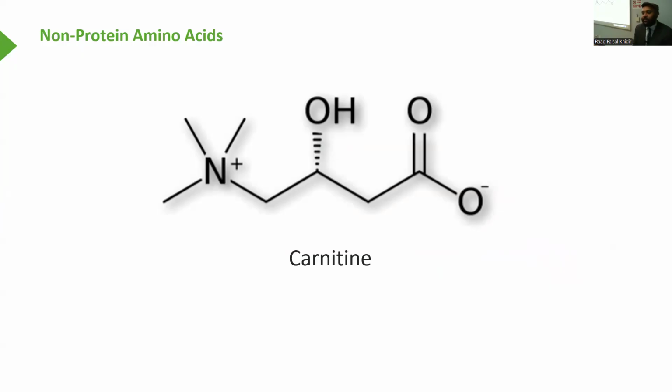So not every amino acid is going to make a protein. Every protein is made up of multiple amino acids, absolutely, but not every amino acid out there has the intention of becoming part of a polypeptide or a peptide. Are we clear?